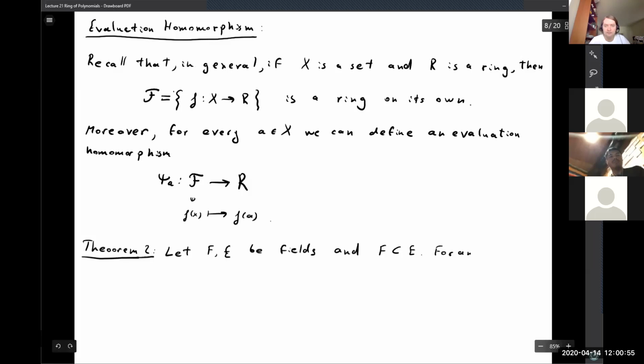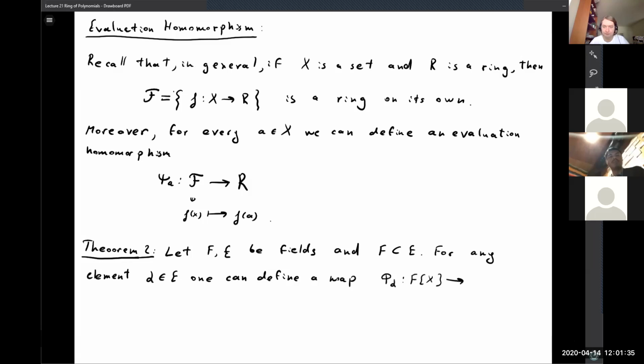And for any element alpha in the field E, one can define a map, which I will denote as phi sub alpha, from the ring of polynomials in x over the field F to the field E as follows.